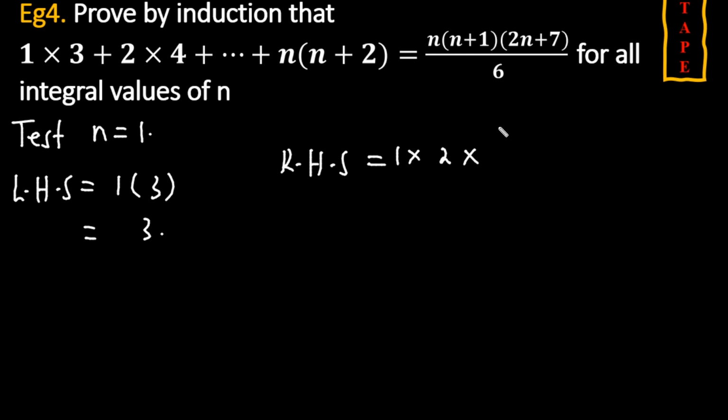Then times (2 times 1 + 7), that is 2 plus 7, which is 9. Everything divided by 6. So 1 times 2 is 2, 2 times 9 is 18, and 18 divided by 6, I'm going to get 3.